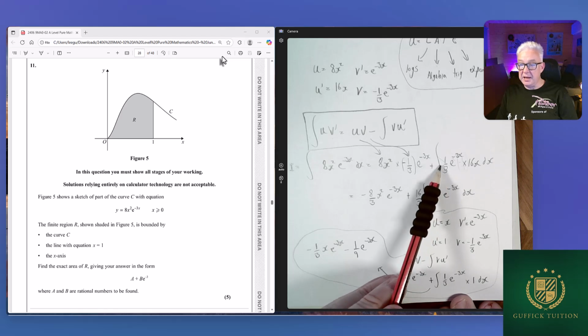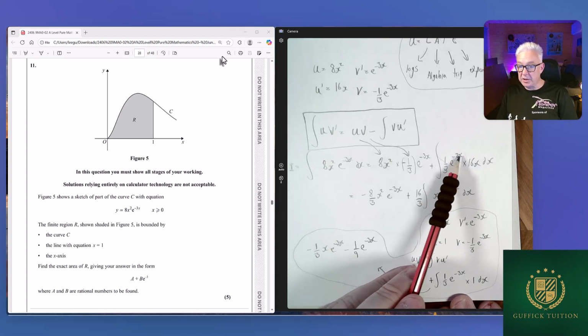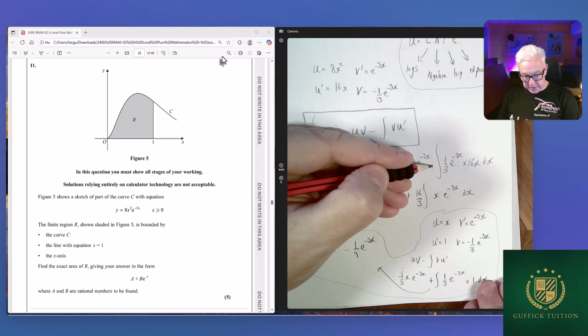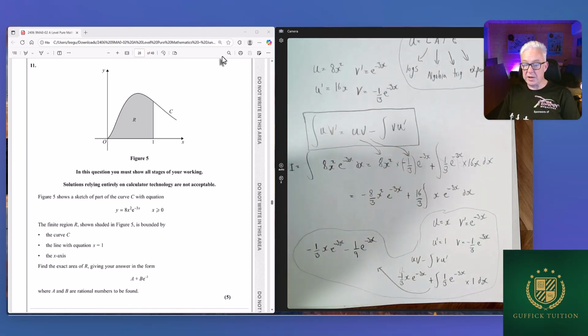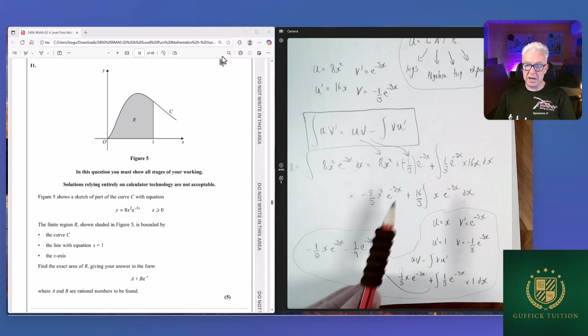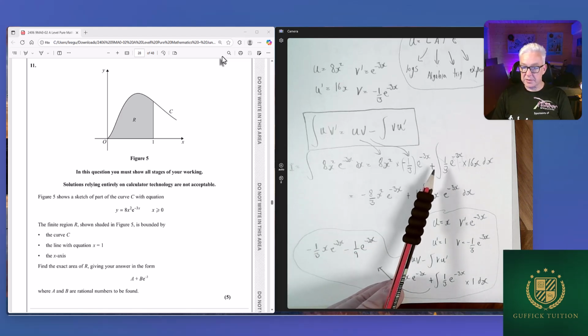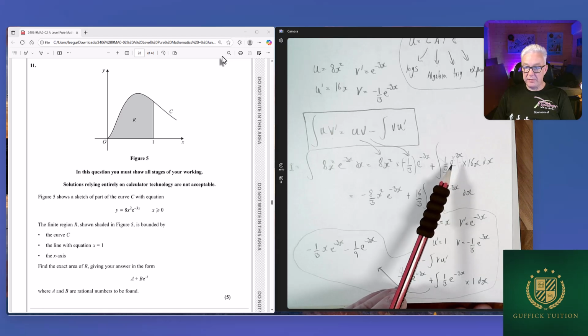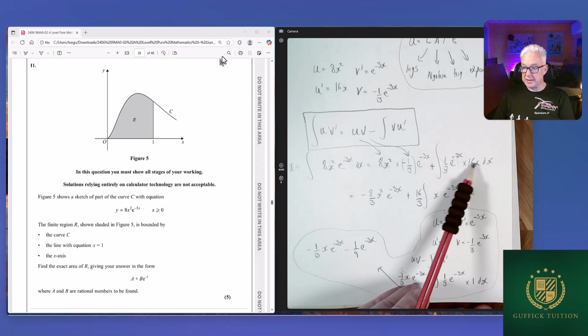But v is minus 1/3 e to the minus 3x, so those two minuses come together to make a plus. And I think that's the tricky aspect of this particular question. It'd be so easy to drop a sign and make a mistake there. So that's become a plus because the two minuses have come together. So that is going to be our v, and then our u dashed is 16x.